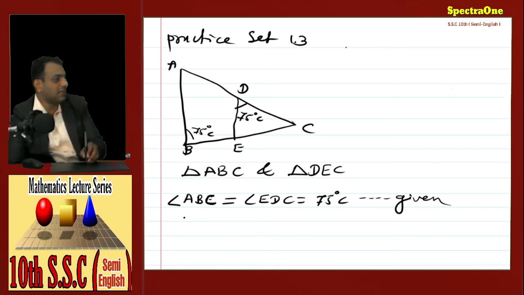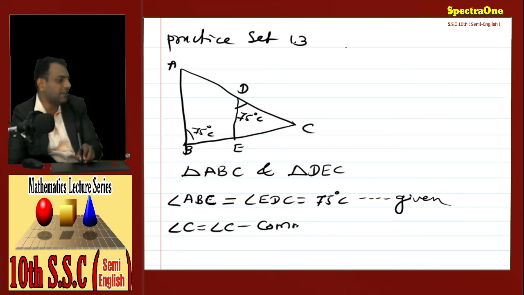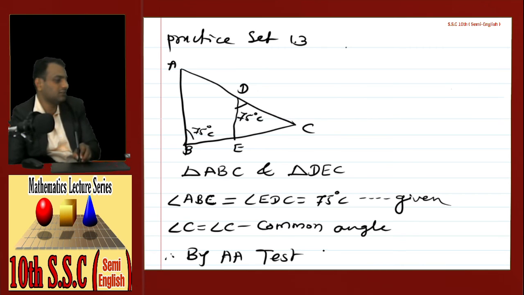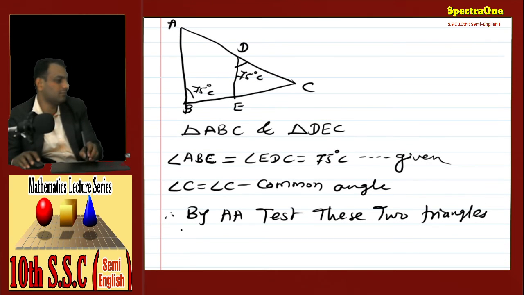Okay, and angle C is a common angle. Therefore, by angle test, these two triangles are similar.